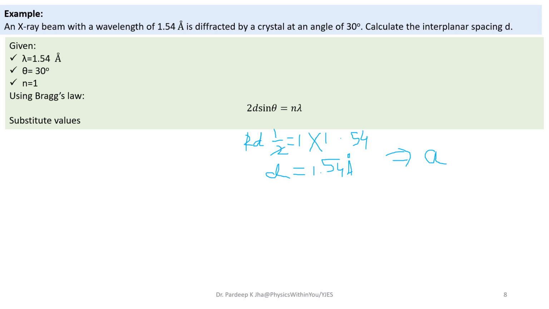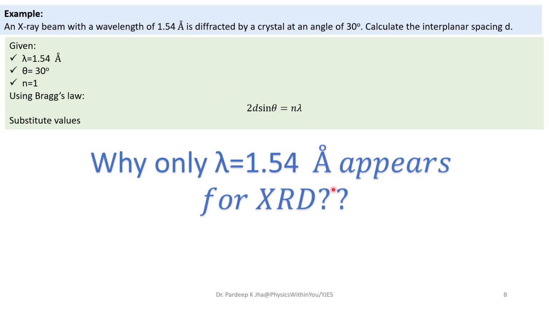But one thing: if I ask you, can you tell me why this value is always 1.54? I have given the answer. In fact, when I was explaining the X-ray part, how the X-ray occurs, I gave the answer. So my question is very obvious: why does only lambda equal to 1.54 angstrom appear for XRD?